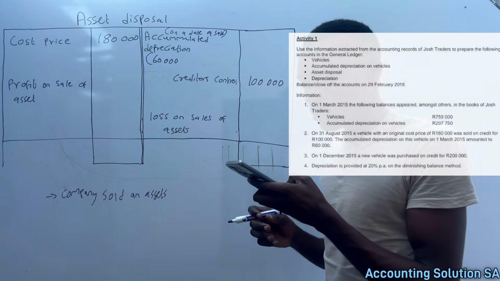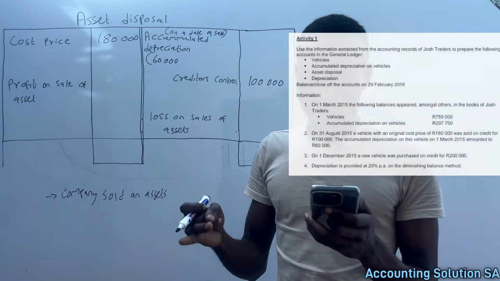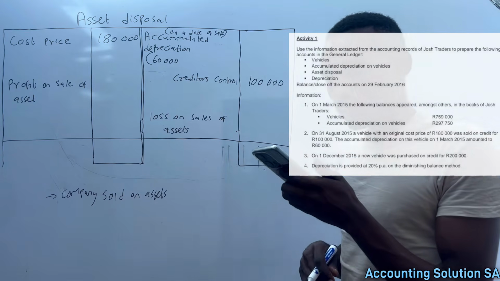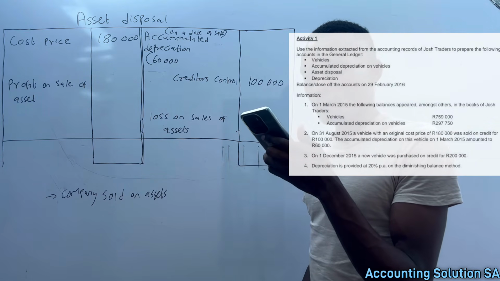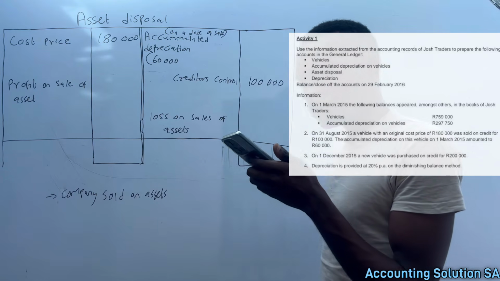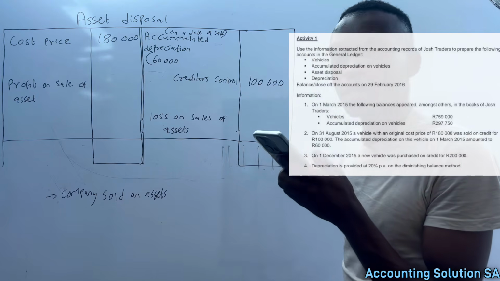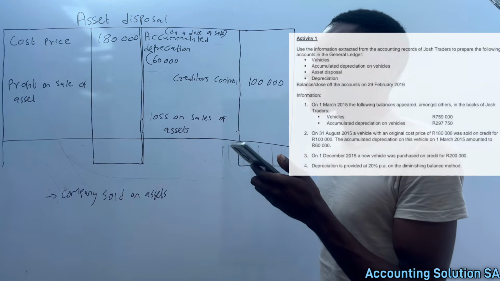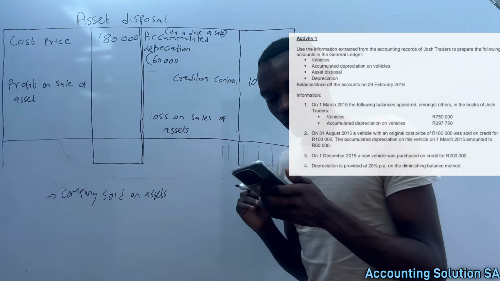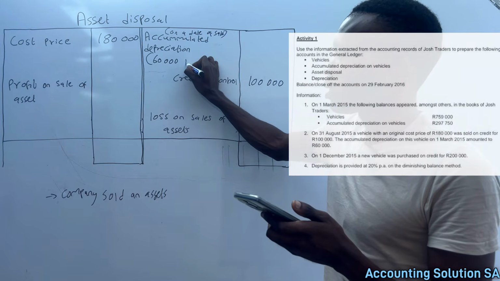How many months is it going to be? March we're going to count because it's on the 1st. March, April, May, June, July, August. It's 6 months. And on number 4, they said that depreciation is provided at 20% per annum on the diminishing balance method. Simply means that what we are going to do is calculate a diminishing balance that we are going to add here.